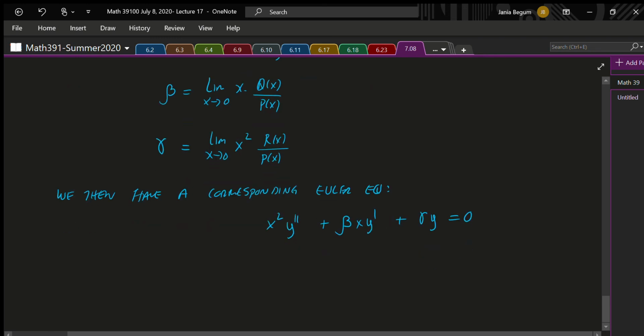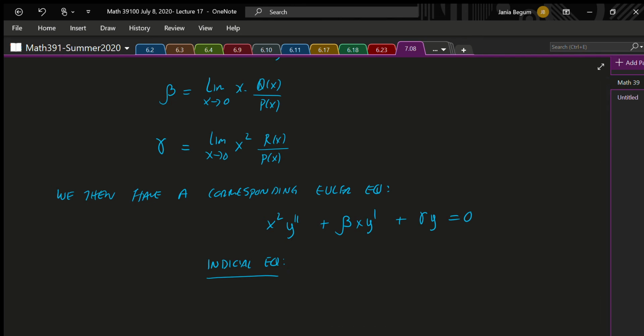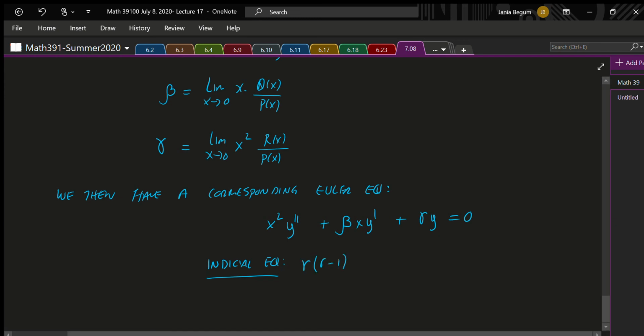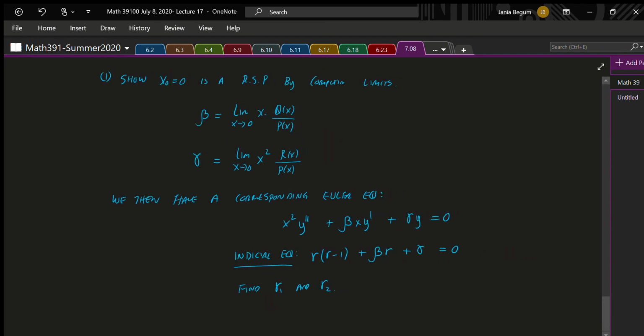And then from here, you can write out the indicial equation, which is the characteristic polynomial of this. We call it indicial, and I'll show you where this terminology is coming from very soon. So we have r times r minus 1 plus beta r plus gamma equals 0. And then from here you can find r1 and r2 if they're distinct. Most likely they will be distinct. Probably.